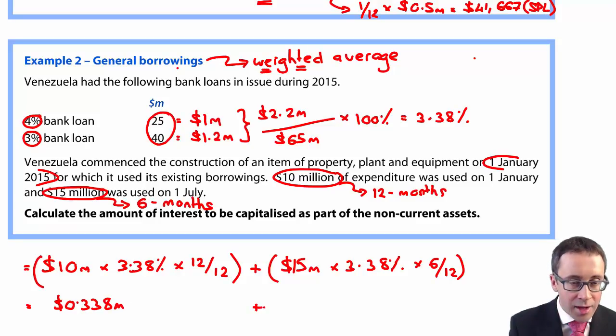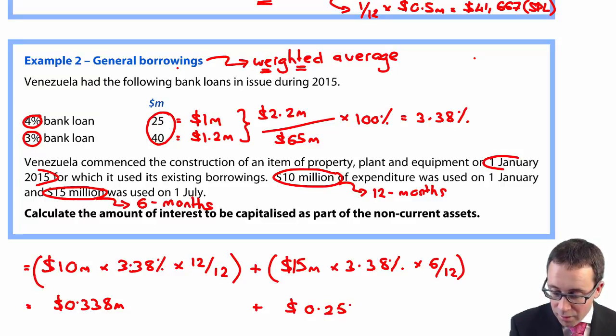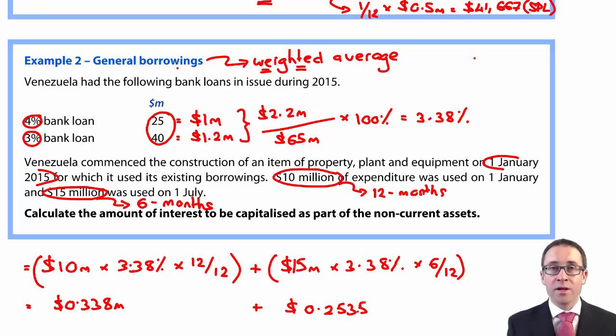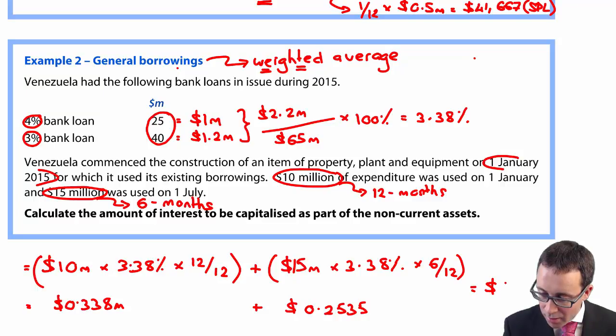I think there you get 0.2535 million? Tap it in on your calculator, see what you get, and I think if you total it up, allowing for a bit of rounding here or there, is it 0.59 million?